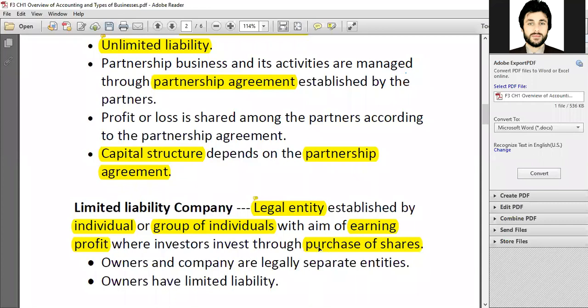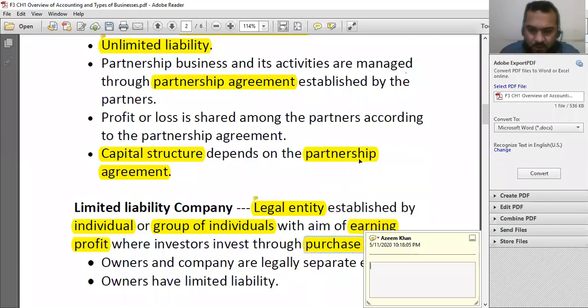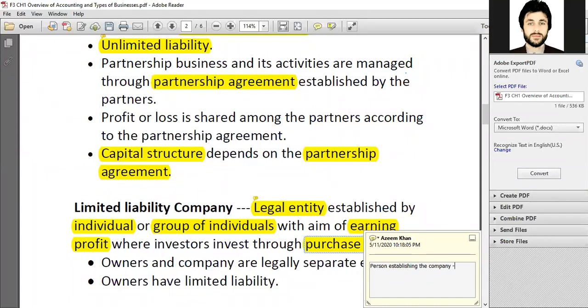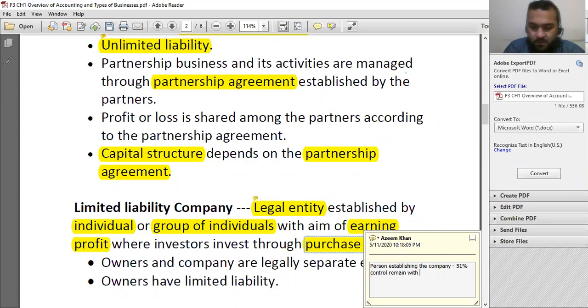Normally, when a company is established, the person who is establishing the company will hold 51% of the shares, 50+1, so that control remains with him or her.